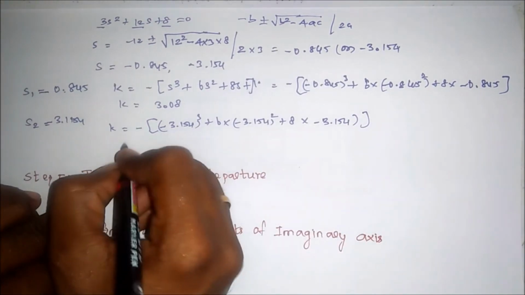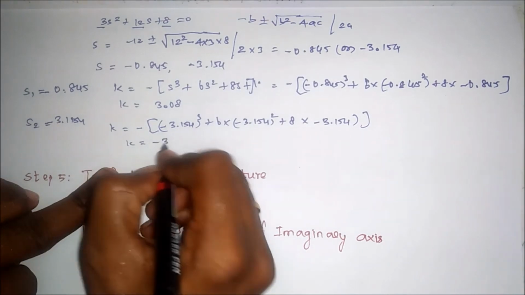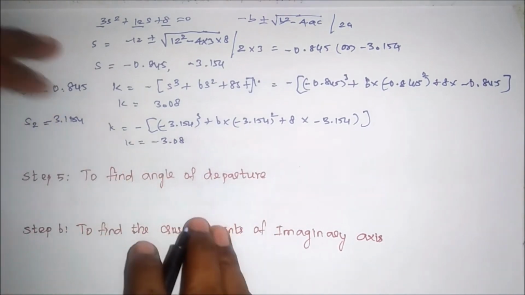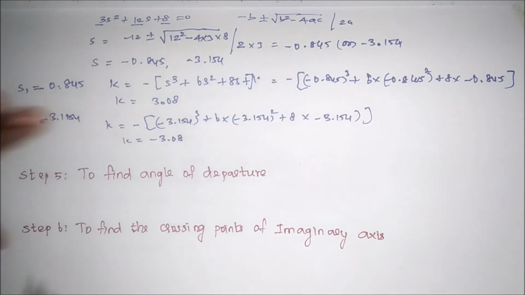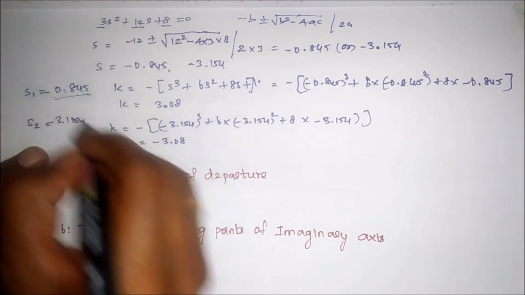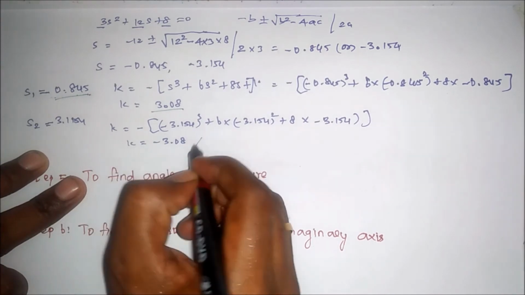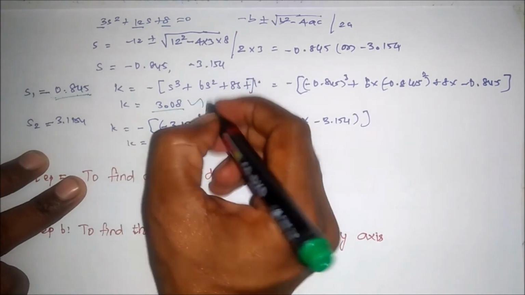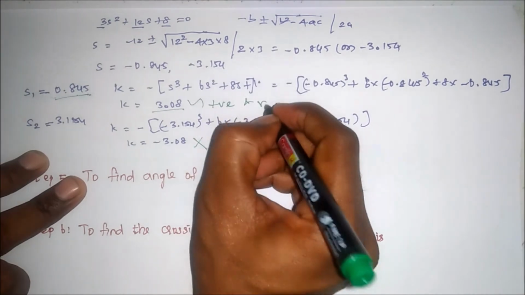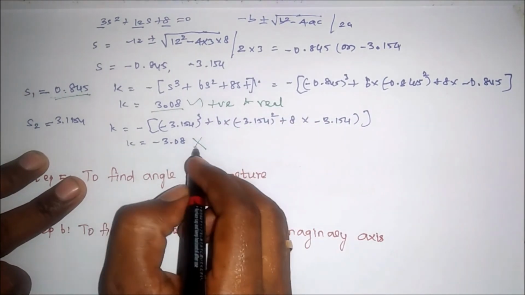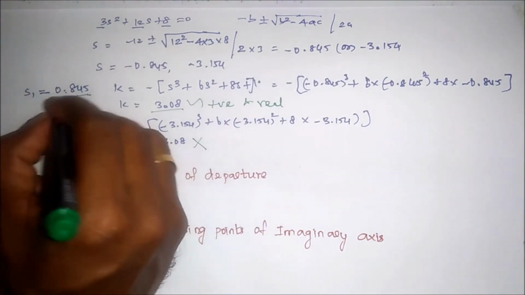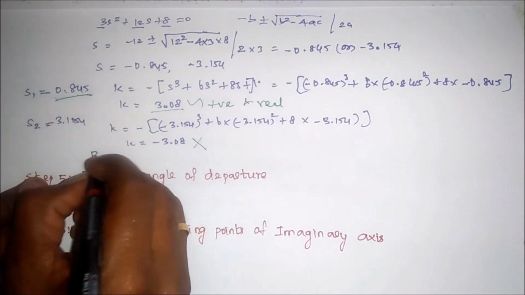So now k equal to minus 3.05. So from this we see for this root k is positive, but for this root k is negative. So it is a positive and also real value. This is not a positive negative value. Therefore this point is the breakaway point.